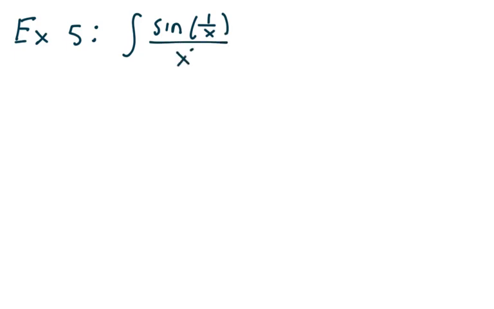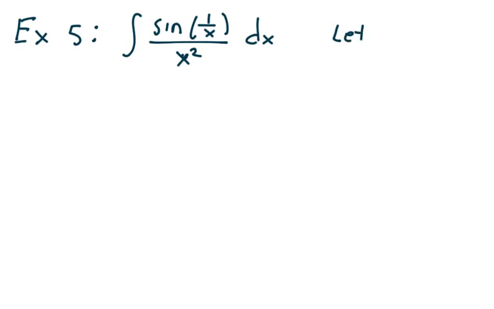Let's do another one. We'll call this example 5. Suppose I give you this one: the integral of sine of 1 over x divided by x squared. I look for the inside function wherever possible, and in this case, it's going to be 1 over x.